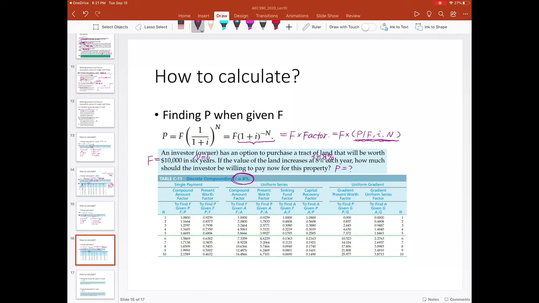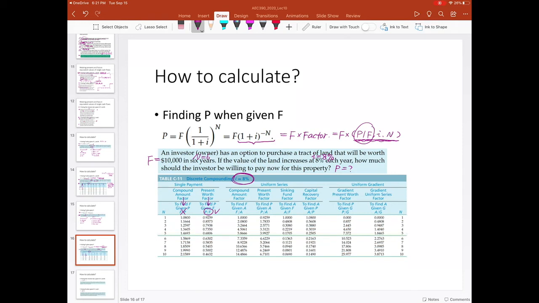And then you check the column heads, okay? You want to find the P given F, so P/F. So is it this column? No. Is it this column, P/F? Yes. So that's the column you want to look at. Now you need to find out the row.